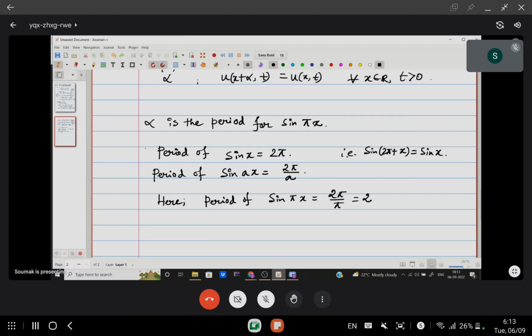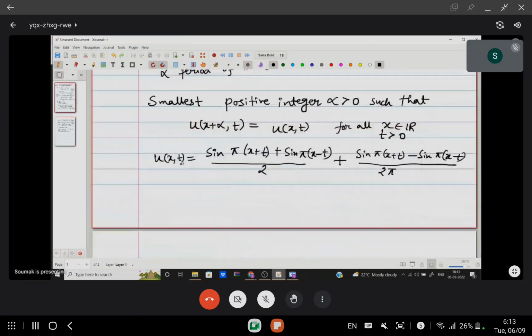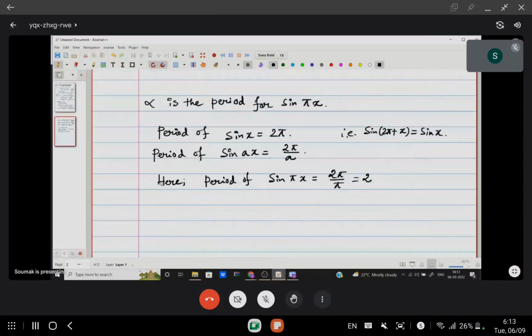Since u of x, t completely depends on sine pi x here, u of x, t is a function of sine of pi x. So here my period is 2. So the smallest alpha for which u of x plus alpha comma t equals u of x, t is 2.